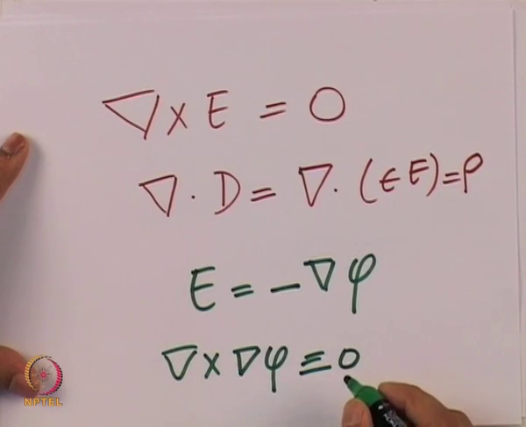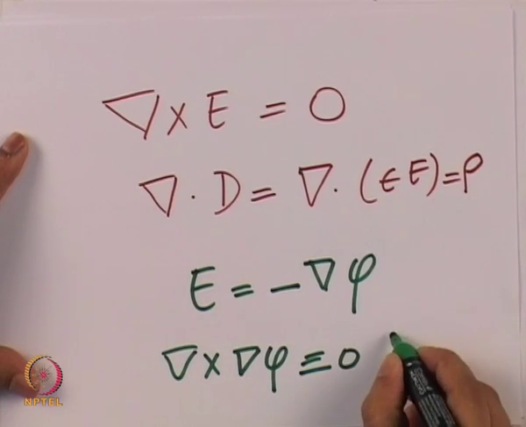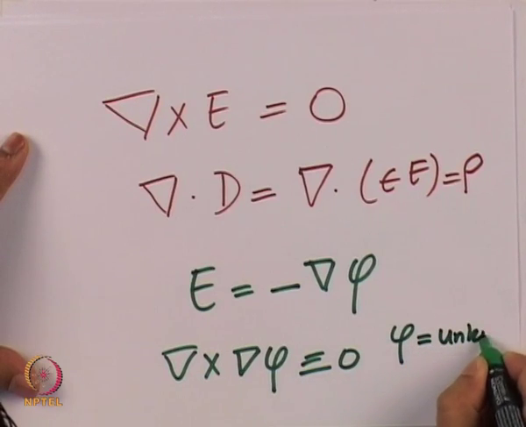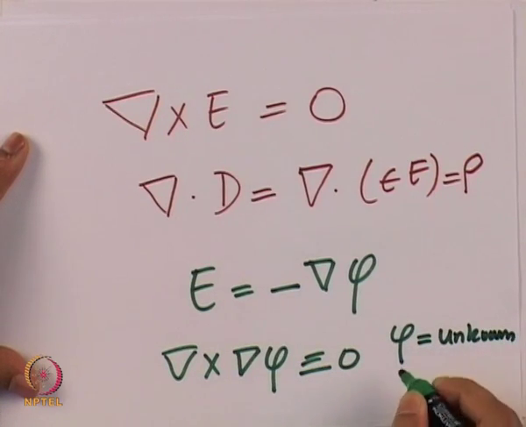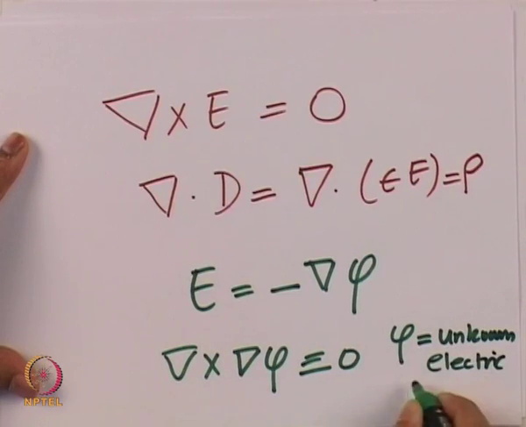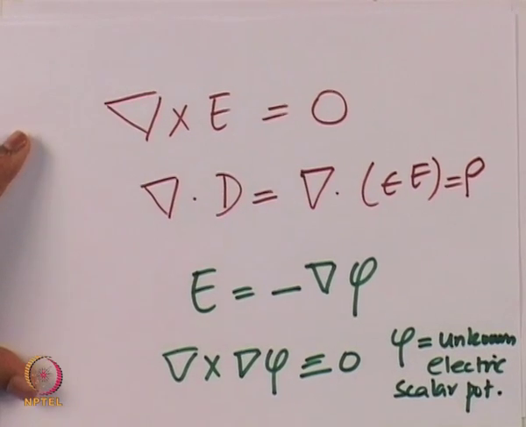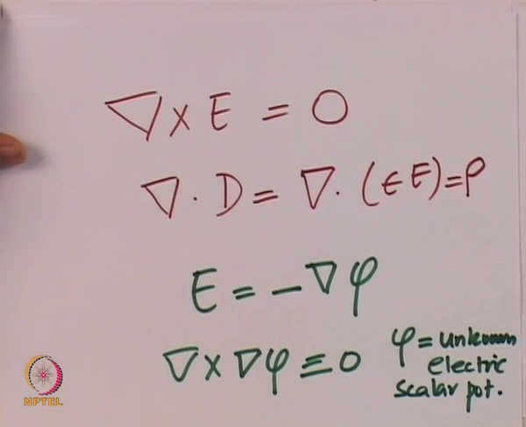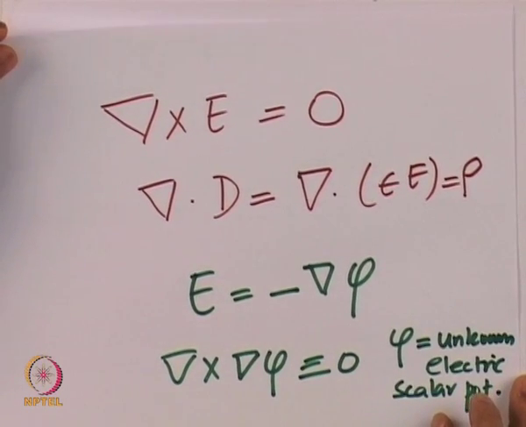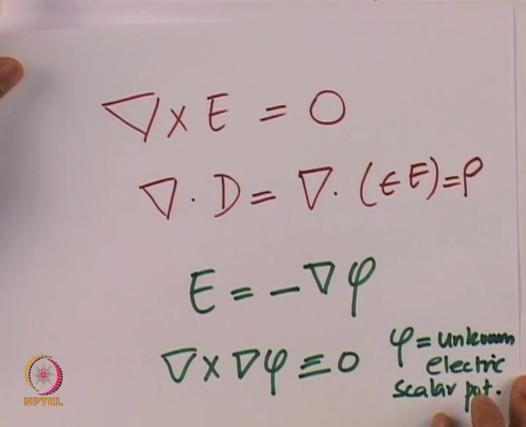And now phi is the unknown that we have to calculate, the unknown electric scalar potential.